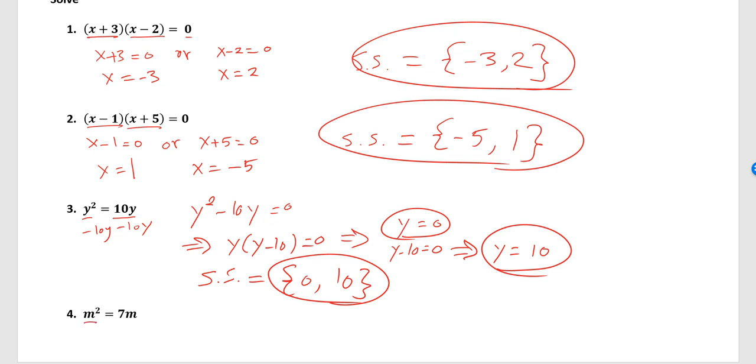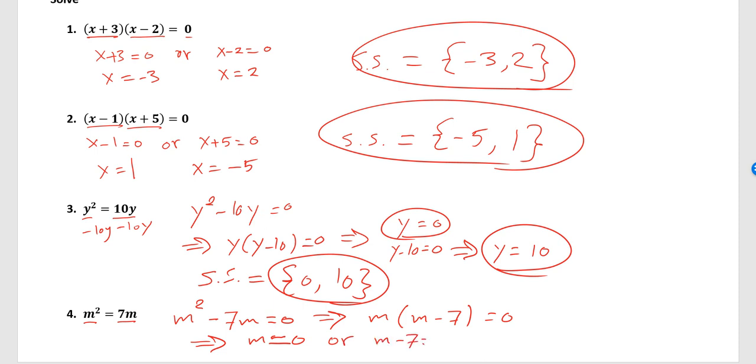Lastly, we have m squared equals 7m. Again, we can do the same thing as number 3. So we have m squared minus 7m equals 0, which gives m times (m minus 7) equals 0, which gives m equals 0, or m minus 7 equals 0.